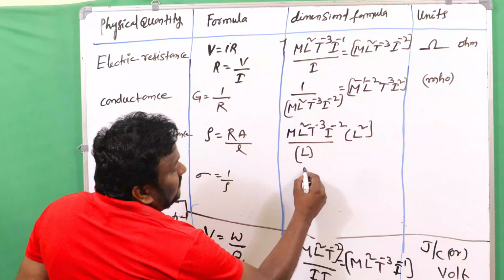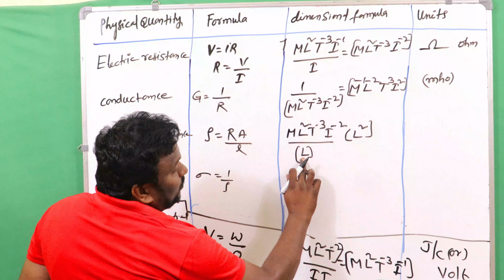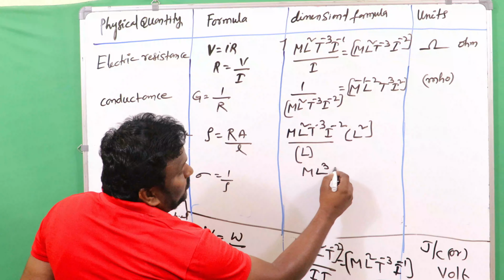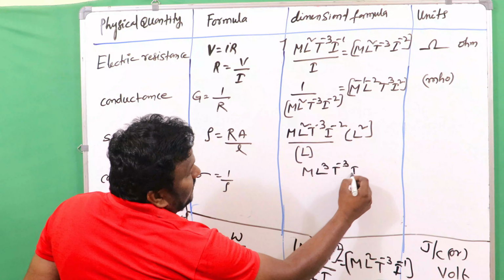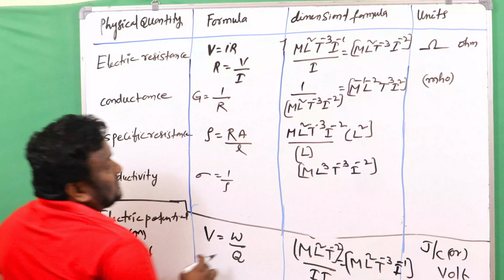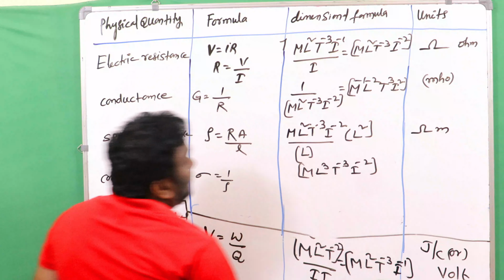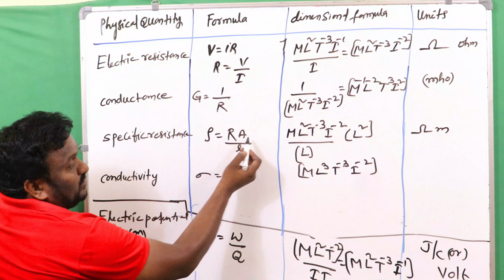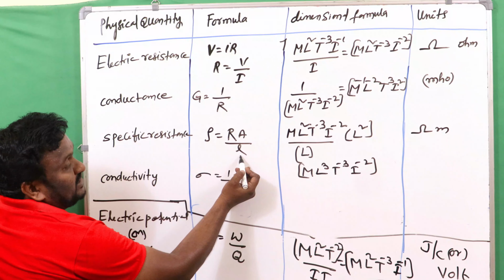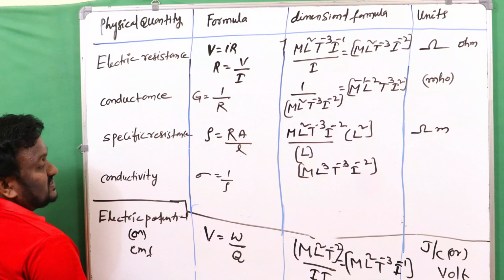Then what do you get here? L² times L⁻¹ gives L, so ML³ T⁻³ I⁻². So this is the dimension formula of specific resistance. Here R is in ohm and area is meter square by meter, so the unit is ohm meter.